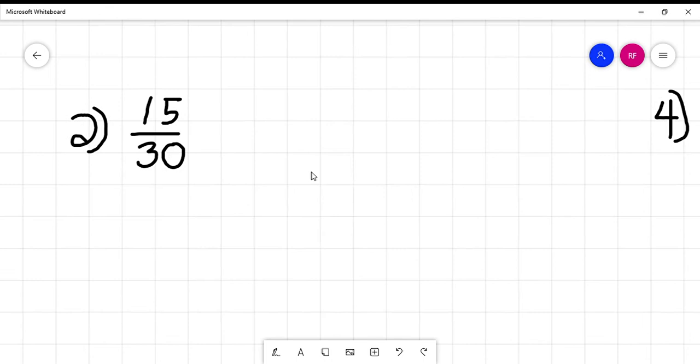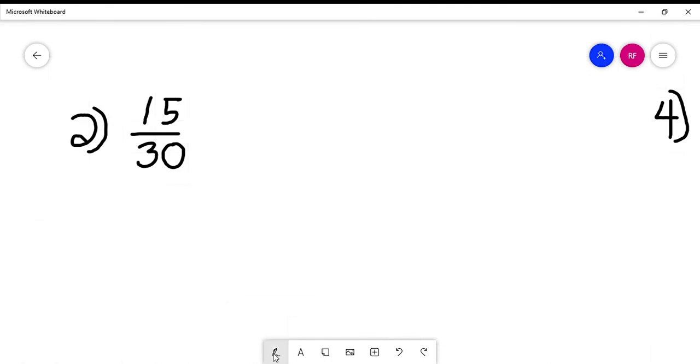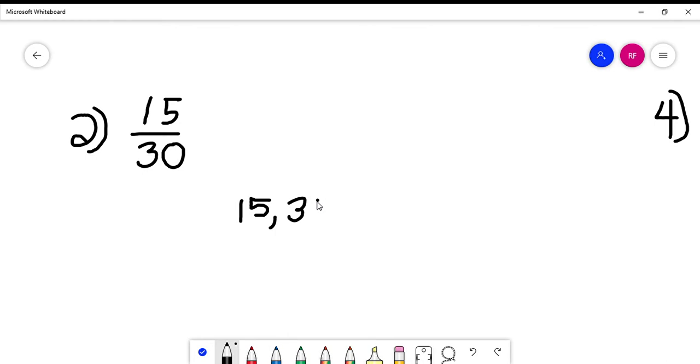Number 2, we have 15 30ths. So let us do the continuous division method. What number can we divide both 15 and 30 by? I think of 5. We can divide both by 5 since they are both divisible by 5.